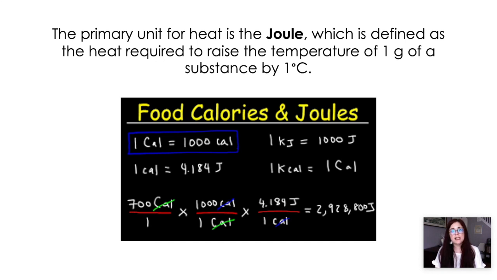The joule is the heat that's required to raise the temperature of 1 gram of a substance by 1 degree Celsius, and it's different for every substance. The amount of heat required to raise 1 gram of water by 1 degree Celsius is very different from the heat required to raise 1 gram of iron metal by 1 degree Celsius.